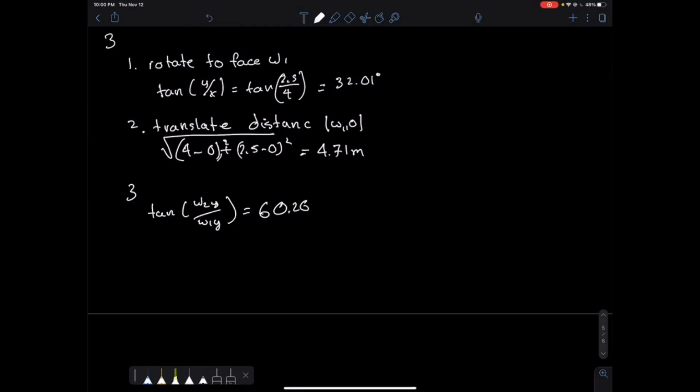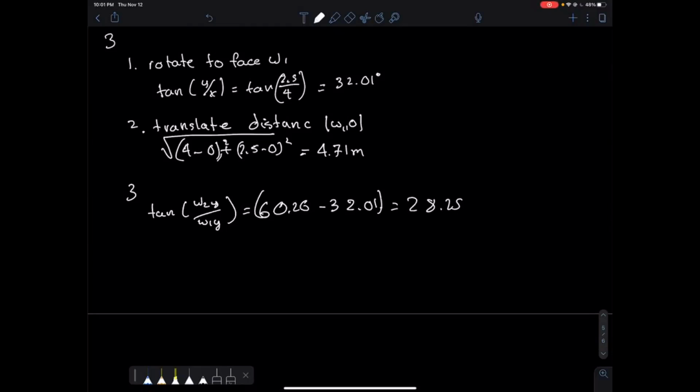And 32.01 is where we're currently facing because we drove from P start to W1 facing that direction. So if we subtract that from 60.26, we get 28.25, which is how much we need to rotate. That makes sense?